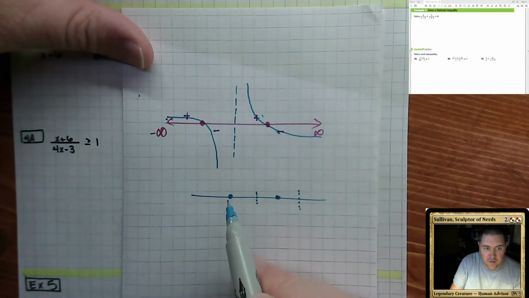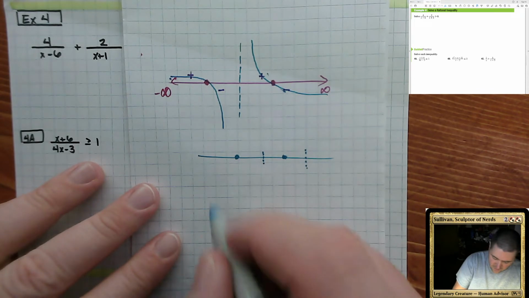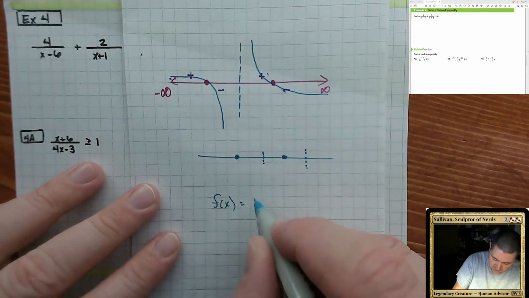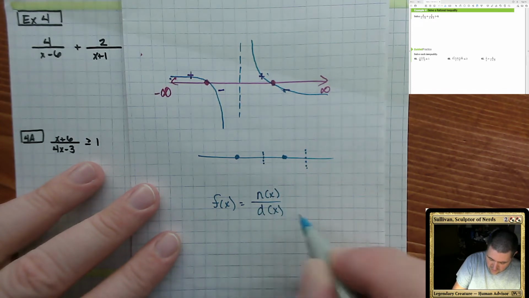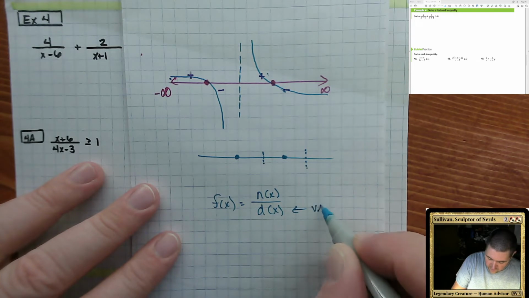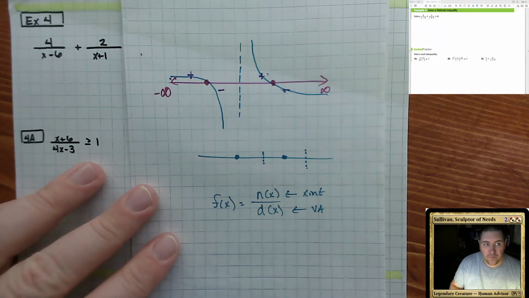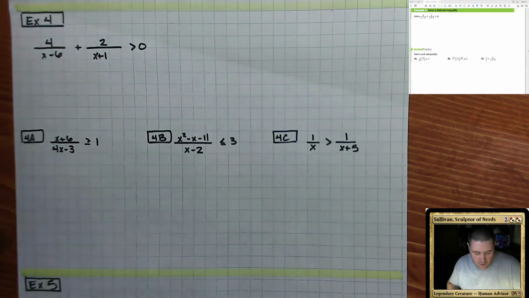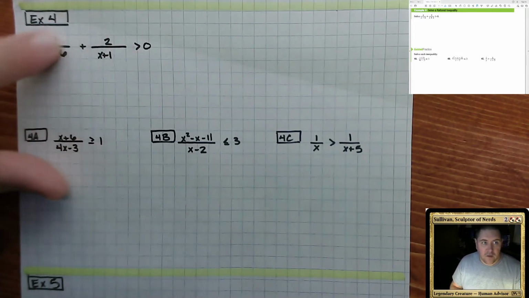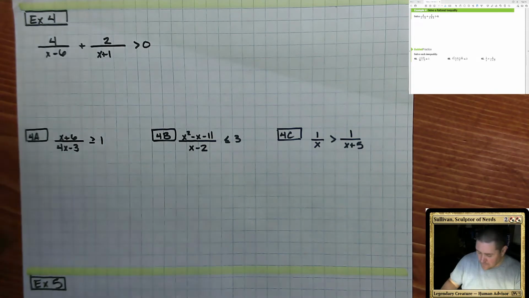I'm going to have to test at both x-intercepts and asymptotes. Good thing that when we do our rational functions, if you remember, my numerator function and my denominator function respectively get me my x-intercepts and my vertical asymptotes. So all the stuff that we were doing in 2.5 is just going to come back to us. Take this thing, put it together using common denominators, and then find your x-intercepts and your asymptotes.